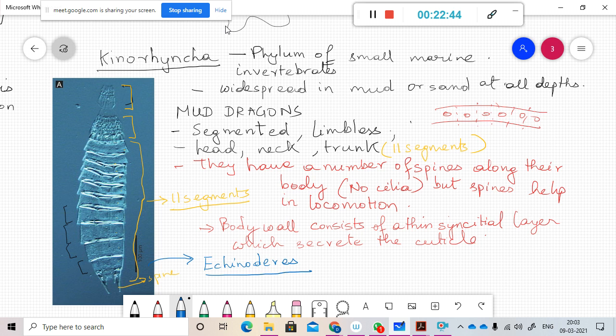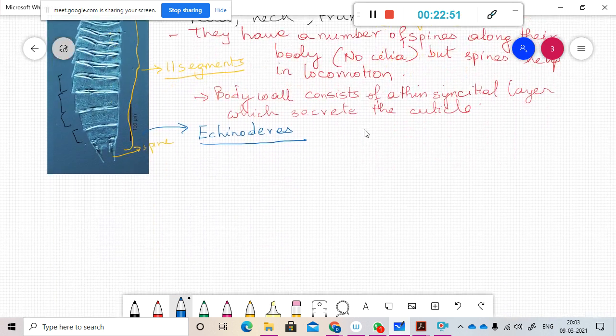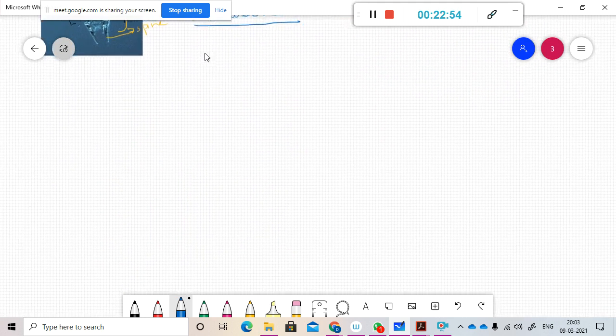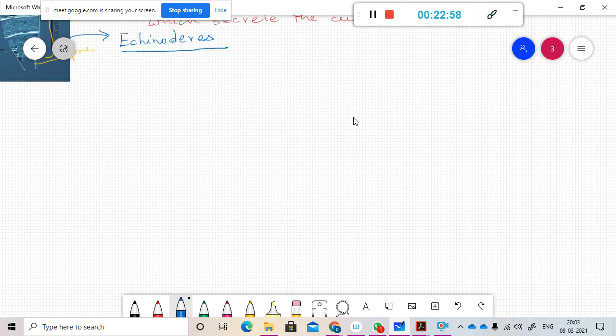So the next group which we don't know much about are the Priapulida. Phylum Priapulida.